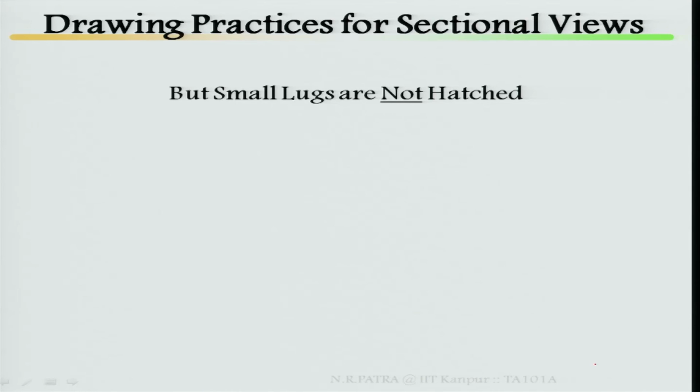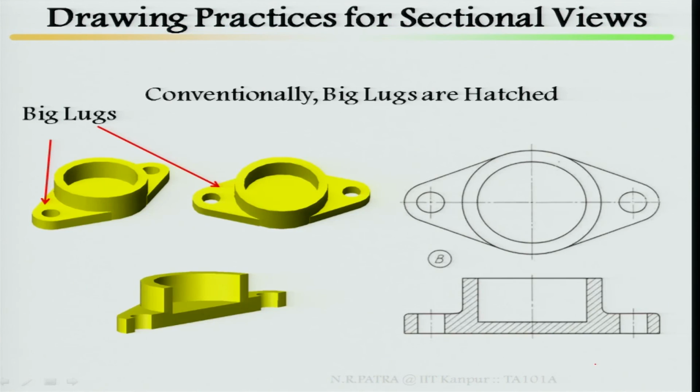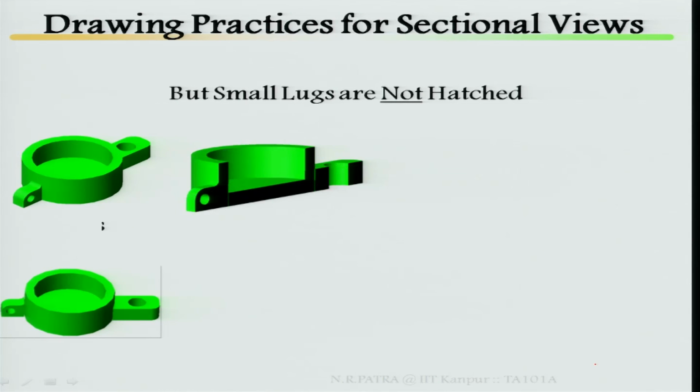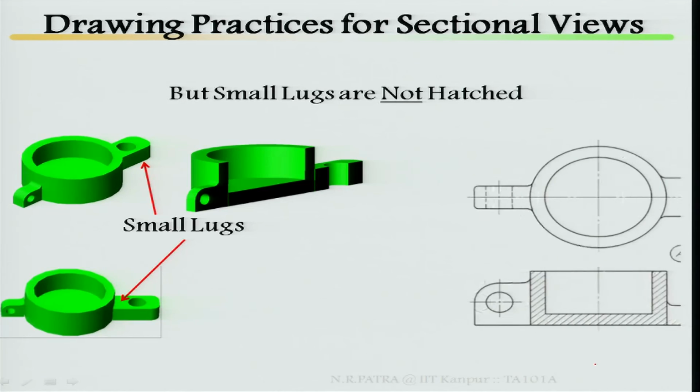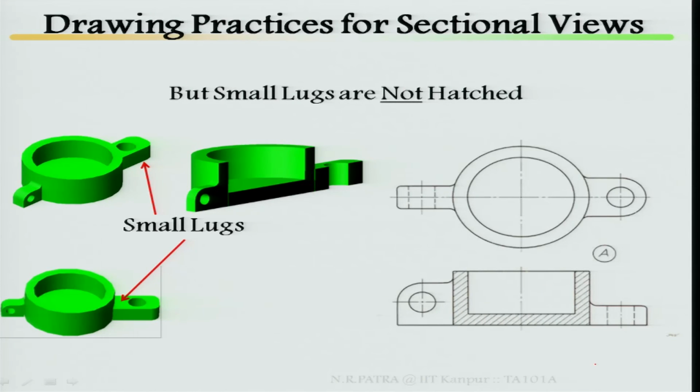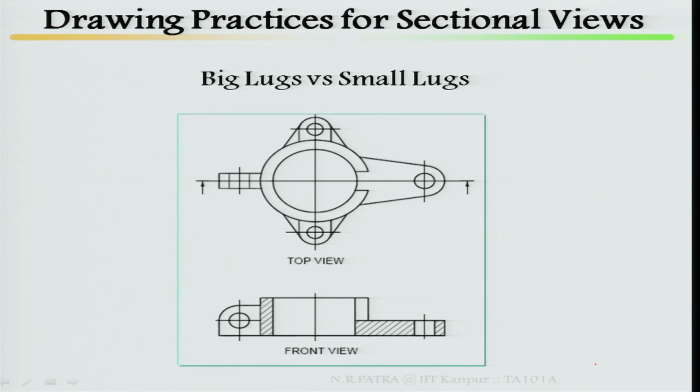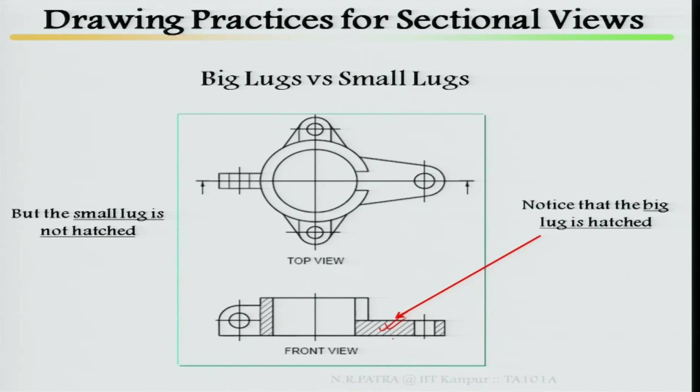But small lugs are not hatched. Compare it, this is a big lug, now there is a small lug, these are small lugs, these are not hatched. Big lugs versus small lugs, look at the difference. Notice that the big lug is hatched, but the small lug is not hatched.